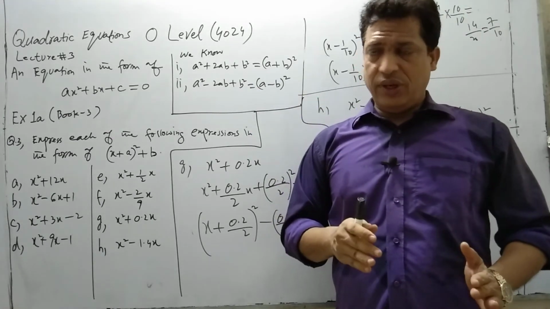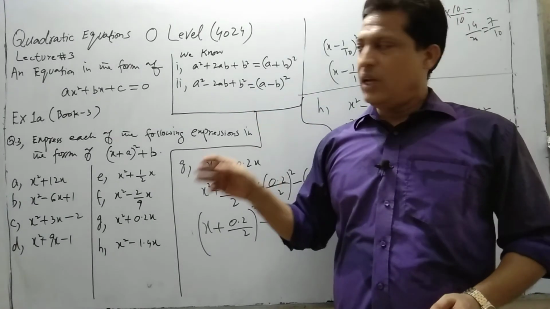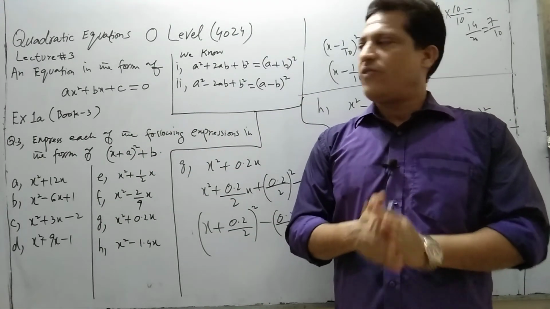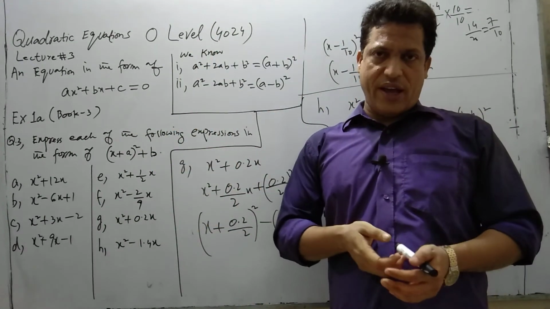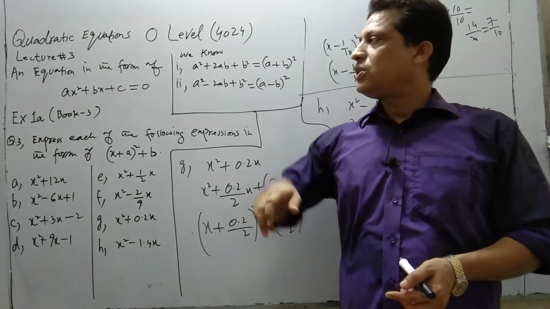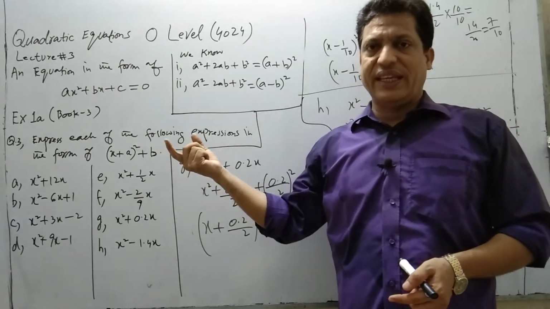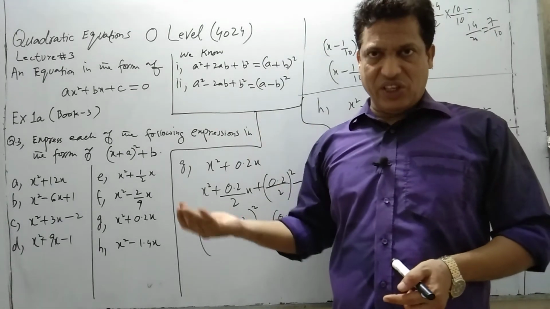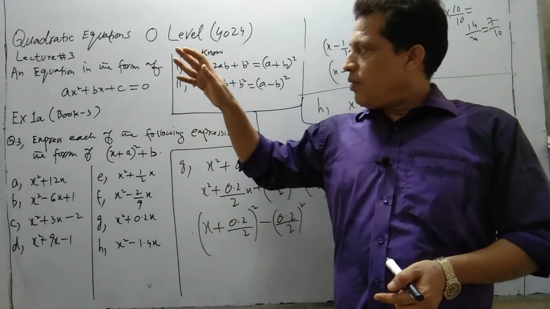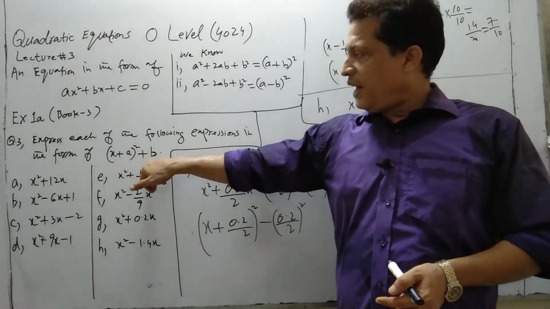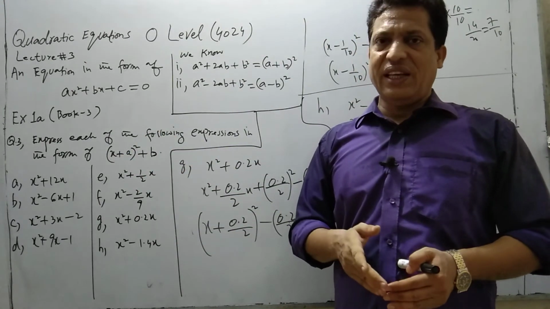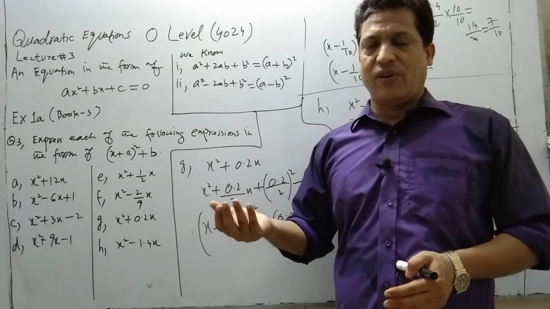Question number 4 is to solve the quadratic equation with the help of the completing square method, because those types of equations cannot be solved by the method of factorization. But right now we have learned how to convert the given equation in perfect square form.